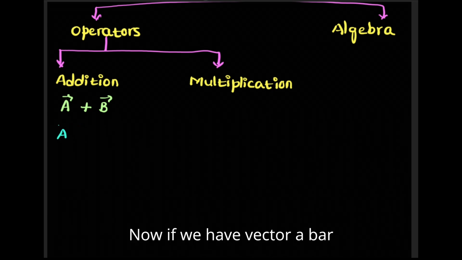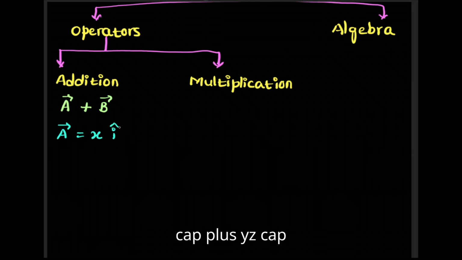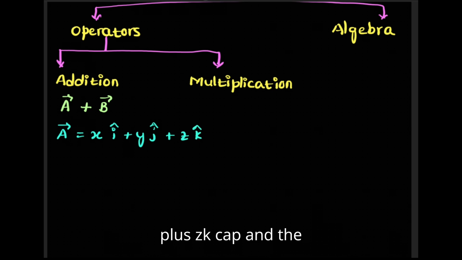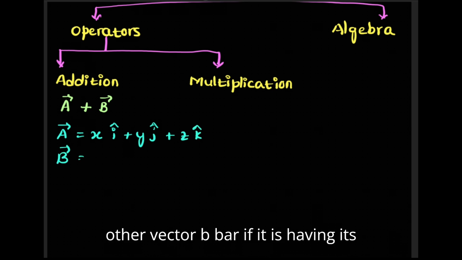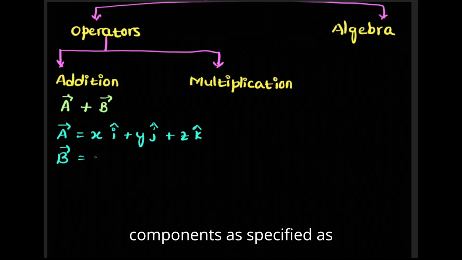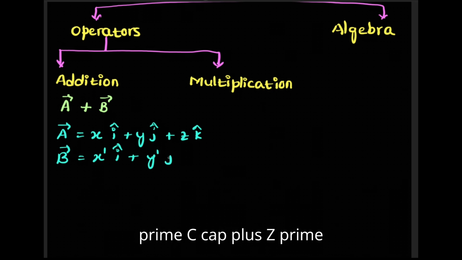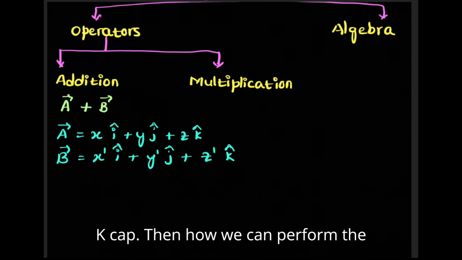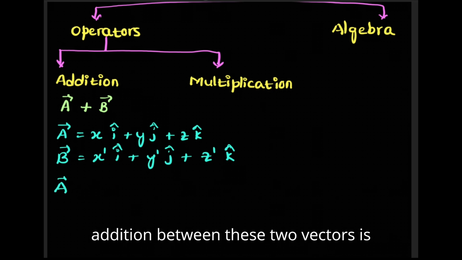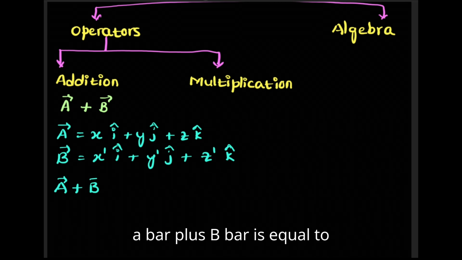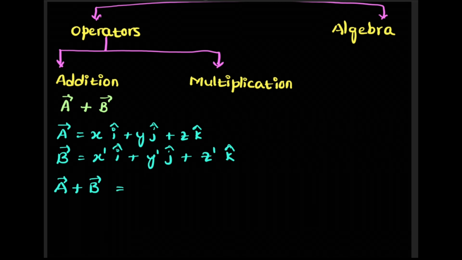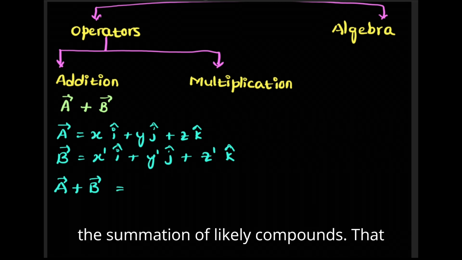Now if we have a vector a bar, which is represented as x i cap plus y j cap plus z k cap, and the other vector b bar has components x prime i cap plus y prime j cap plus z prime k cap, then how can we perform the addition between these two vectors? a bar plus b bar is equal to the summation of like components.